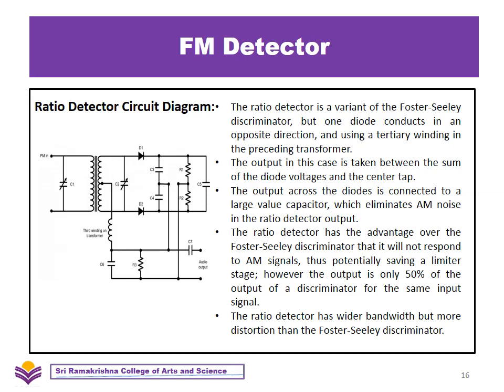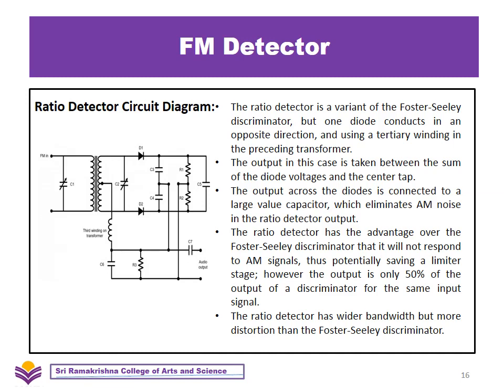The ratio detector will produce the output between the sum of the diode voltage and the center tap of your transformer. The output across the diode is connected to a large value capacitor, which is mainly used to eliminate the noise occurring in the circuit.